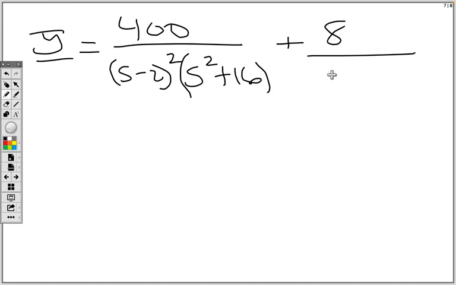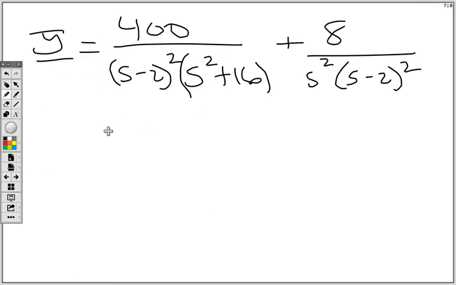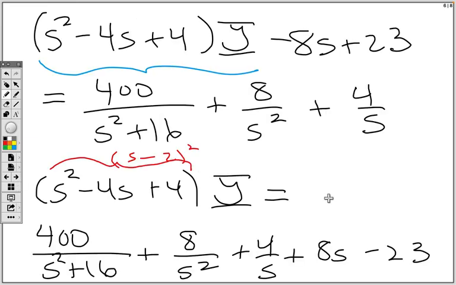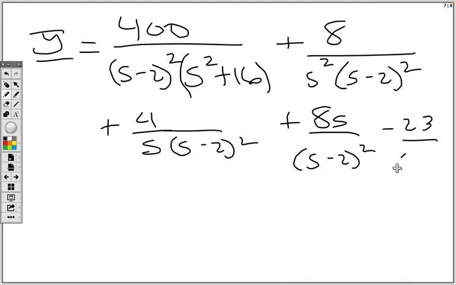This is where it helps to have a big chalkboard in front of you. Plus 4 over s times s minus 2 squared, plus 8s over s minus 2 squared, minus 23 over s minus 2 squared.